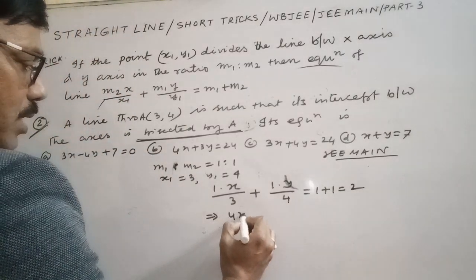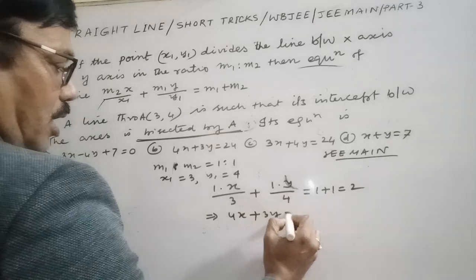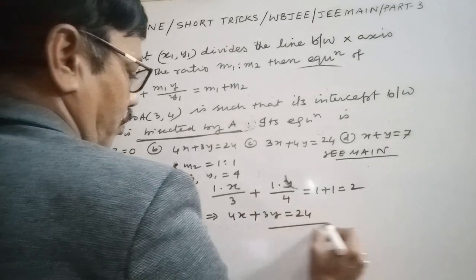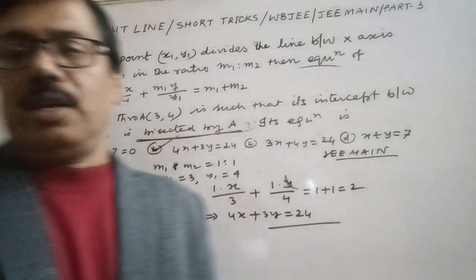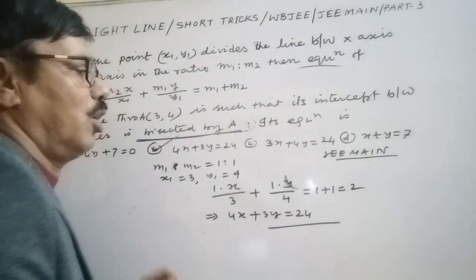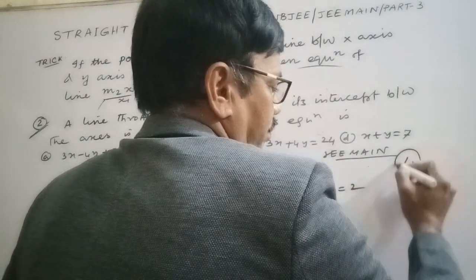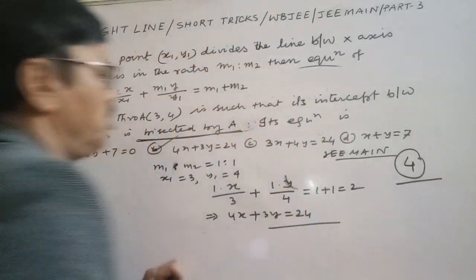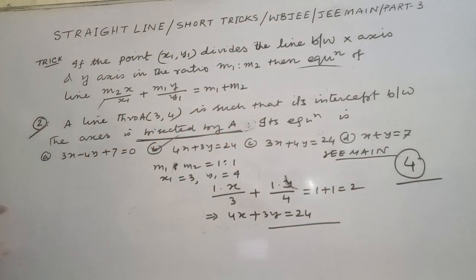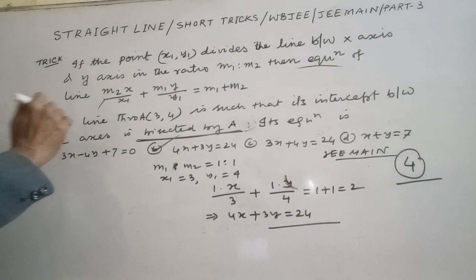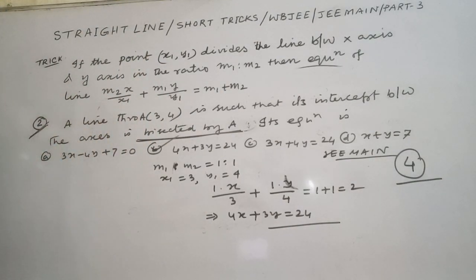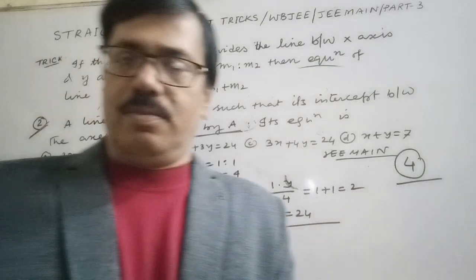Therefore 4x plus 3y equals 24. So we are getting option number B. Look, this is a 4 marks problem. If you use the general method, it will take hardly 1 minute. But if you know the shortcut formula, then you can solve it within a few seconds.